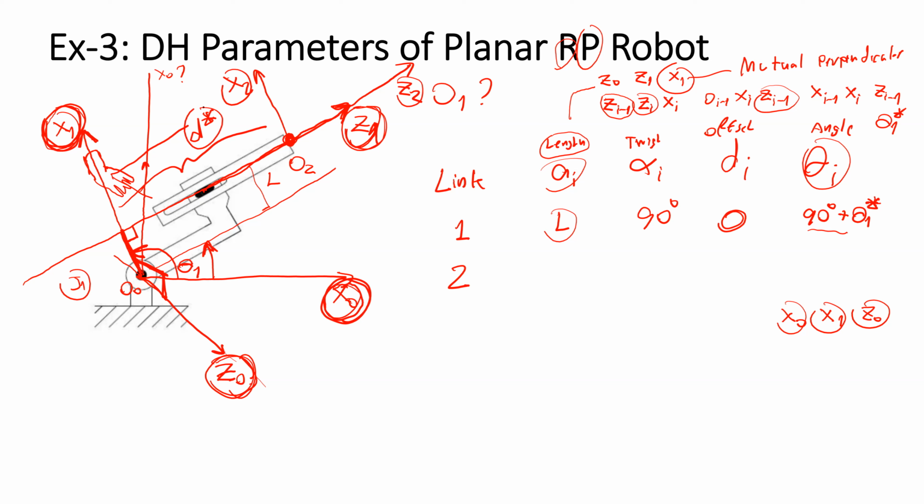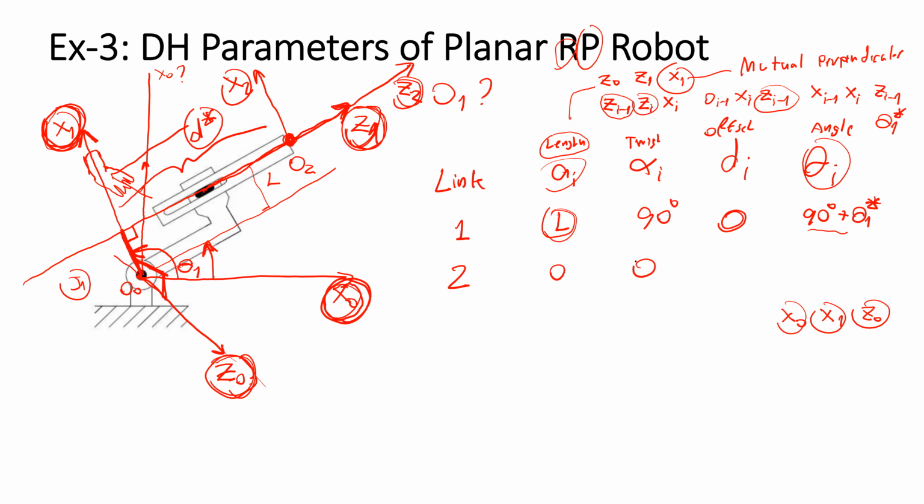And okay, the length is the distance between C1 and C2. C1 and C2 are on the same line, so the length is 0. The twist is also the angle difference between C1 and C2. So twist is also 0 degrees.